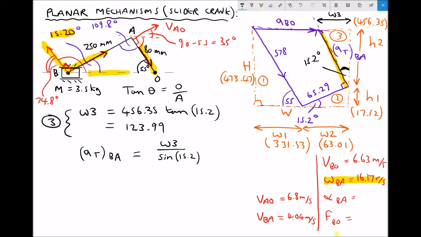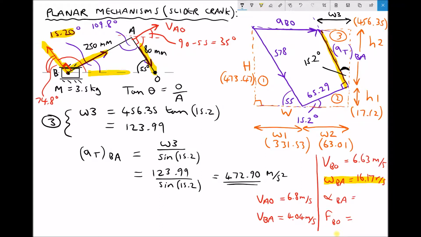Therefore, the tangential acceleration of B relative to A is W3, which we just calculated, 123.99, over sine 15.2, which gives us a tangential acceleration of B relative to A equal to 472.90. And that's going to be in meters per second squared, because it's a linear acceleration.